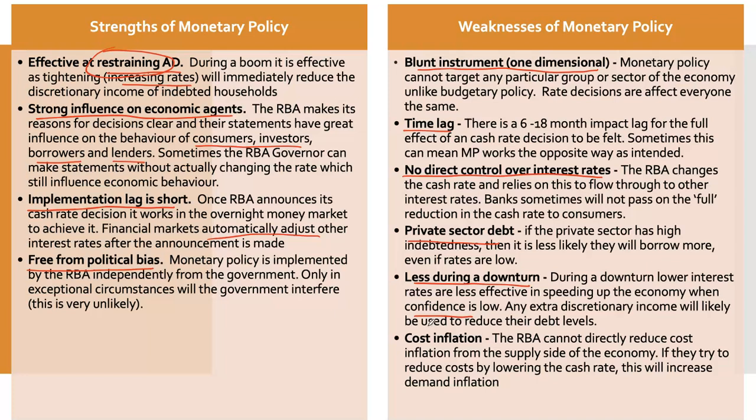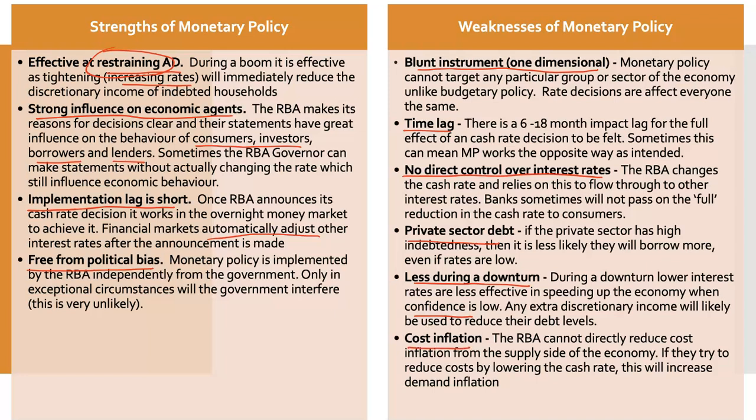So the ability to get more loans and get them cheaper because of a drop in interest rates isn't something that consumers and businesses are likely to take advantage of during a downturn. They might just use that extra money to pay down their debts. So it's not even increasing spending. They'll just take advantage of a little bit more money in their wallet to pay down their debt.